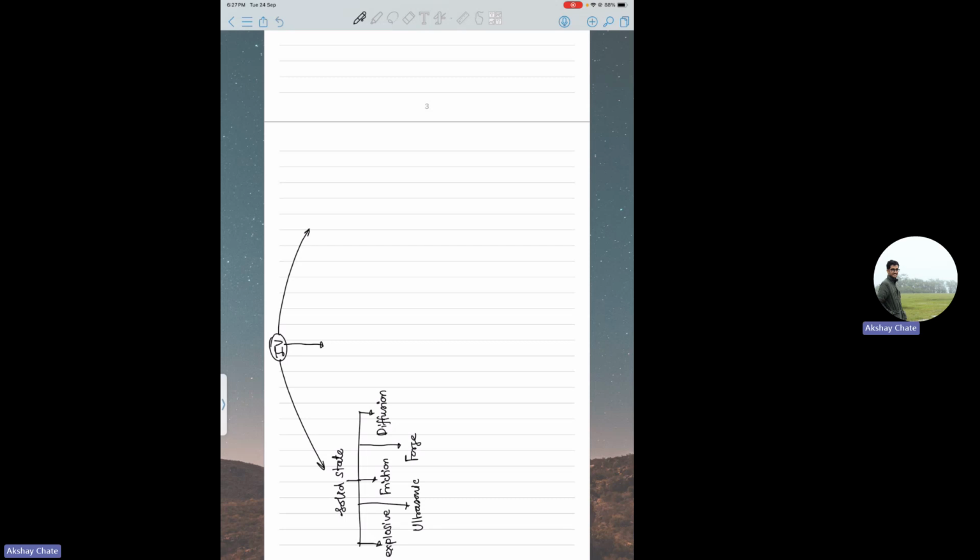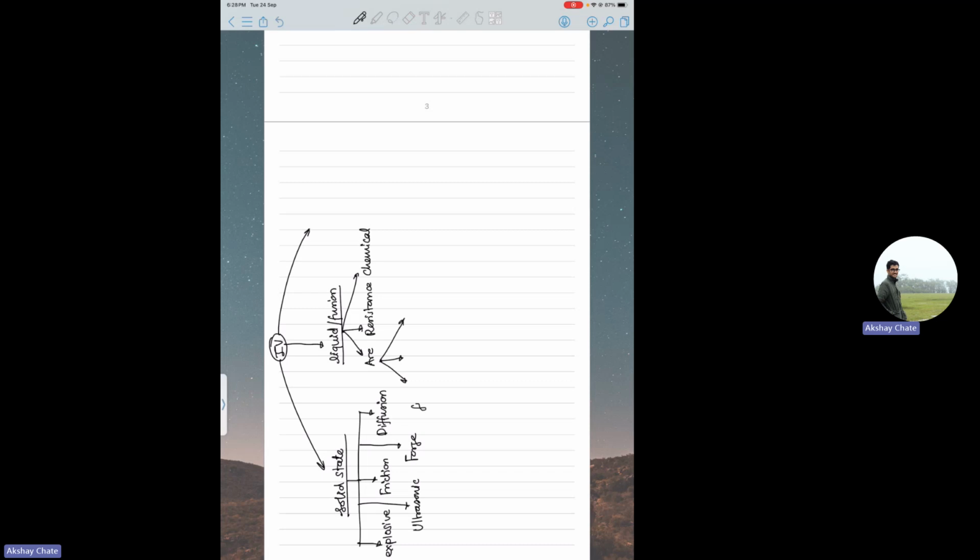Then you have the liquid state, or this is also called fusion. So here some melting is involved. There are three broad categories. You have arc welding, then you have resistance welding. The third category is chemical. Arc has three subcategories.